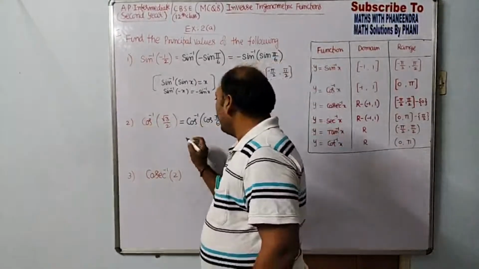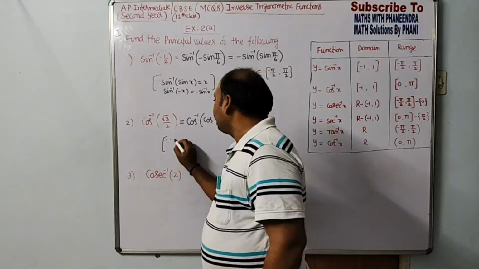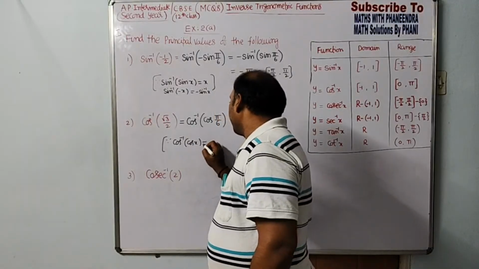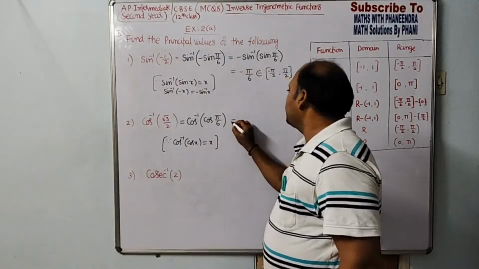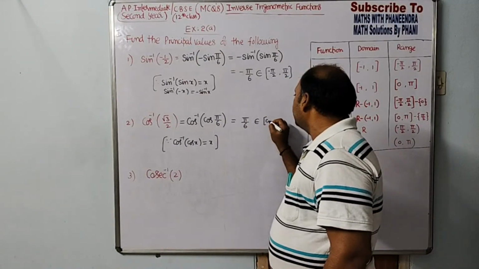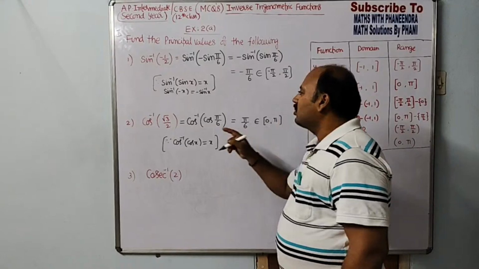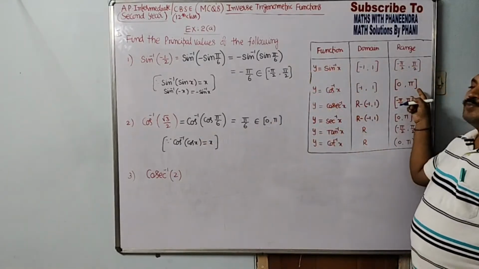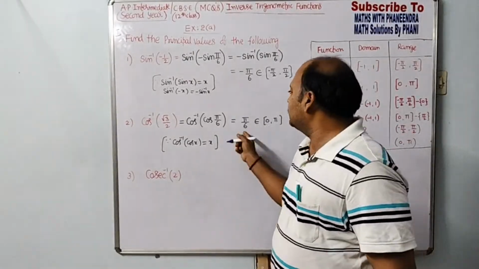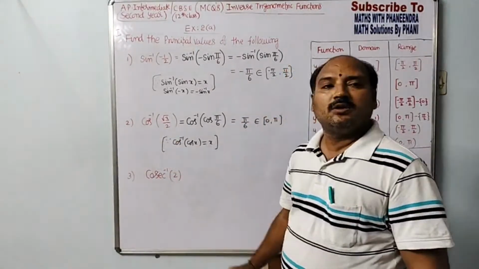We know the formula: cos inverse of cos x is x, which is equal to pi by 6. Pi by 6 obviously belongs to the closed interval 0 to pi, since cos inverse x belongs to 0 to pi. This is the principal value of the given problem.